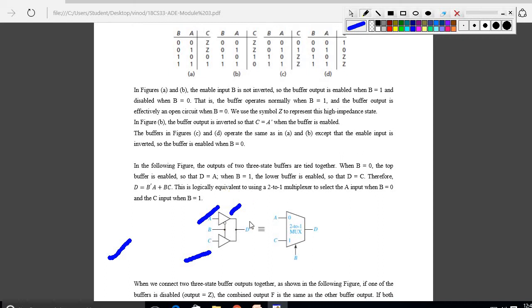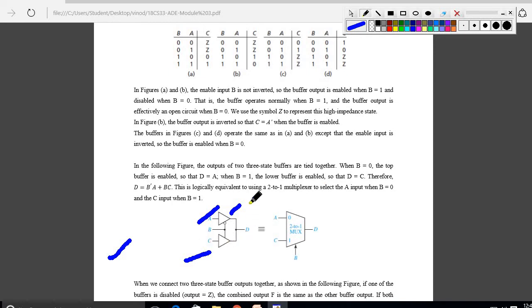So when B is equal to 0, the top buffer is enabled, right? Because it is inverted. B is equal to 0 means the top buffer is enabled, so D is equal to A.